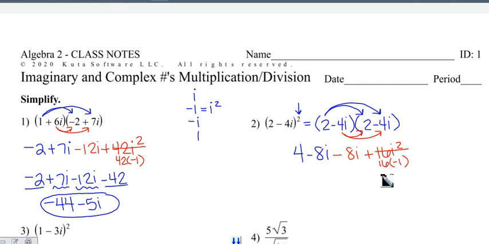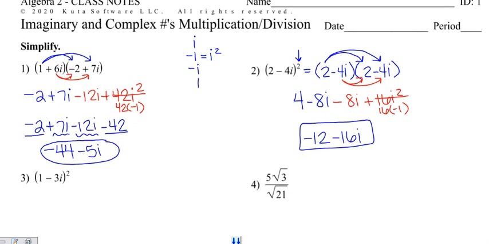We can go ahead and combine the terms at this point. When I combine the real numbers, positive 4 and negative 16, I get negative 12. When I combine the imaginary terms, negative 8i and negative 8i, I get negative 16i. I'm going to leave number 3 for you to try on your own.